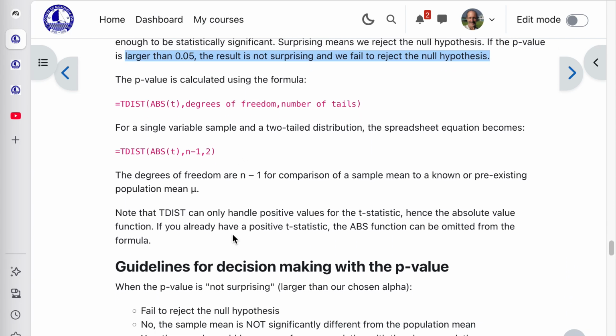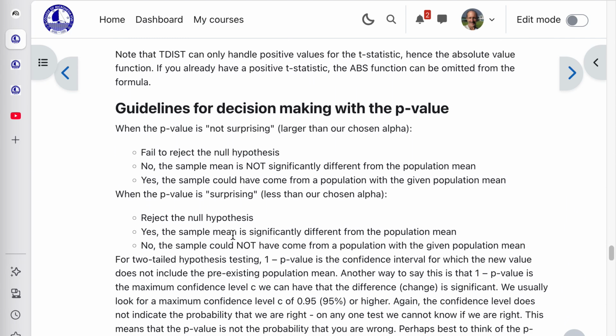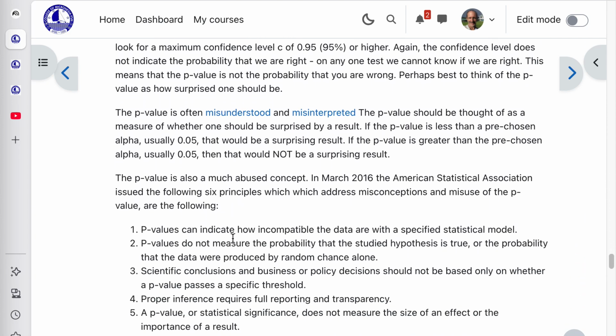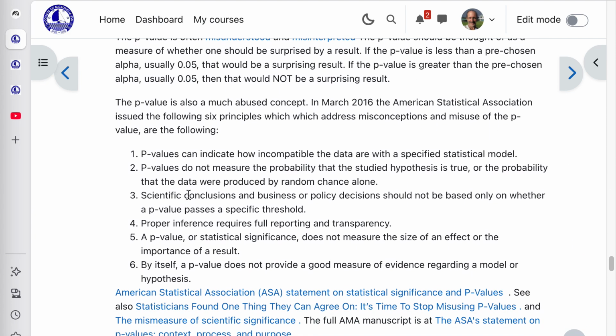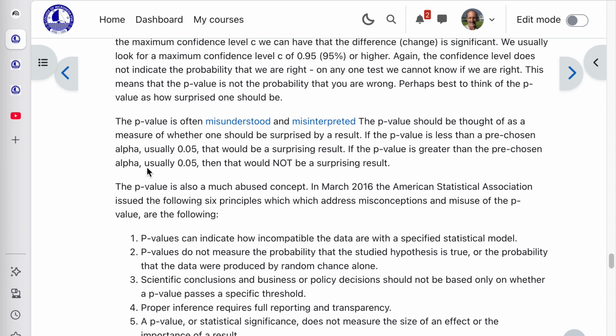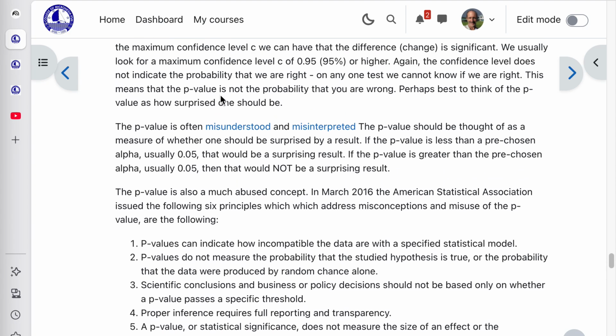And we won't worry too much about the functions for calculating the p-value, but the p-value has some strong caveats. The p-value does not tell you the probability that the null hypothesis is correct, that we shouldn't reject it.